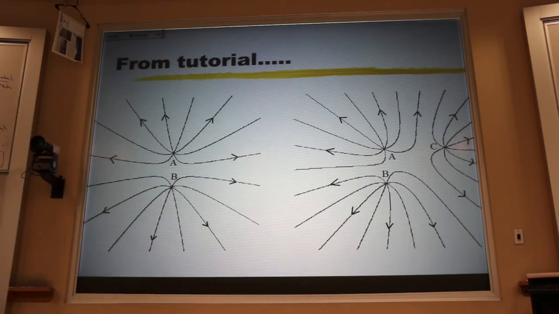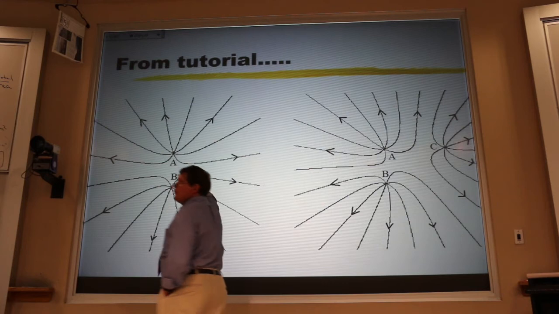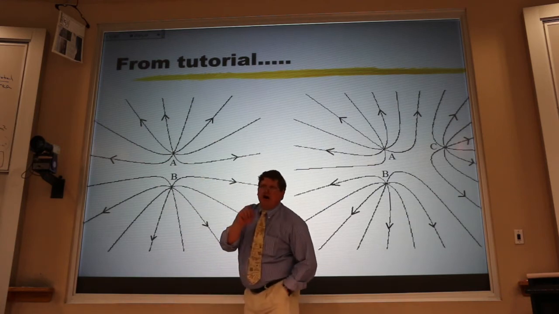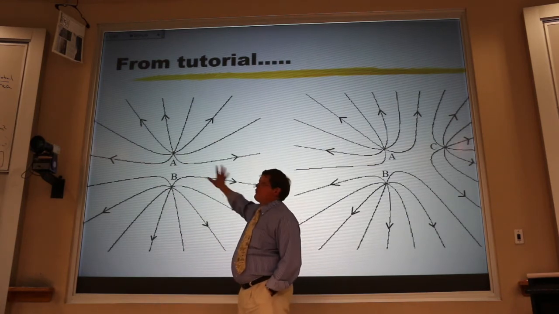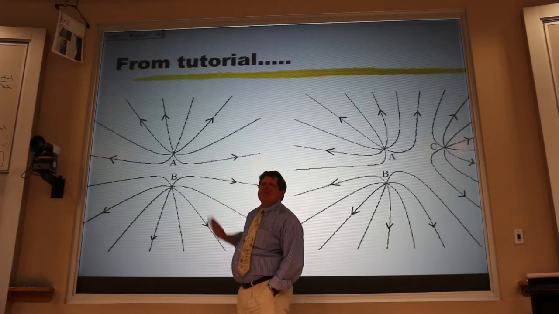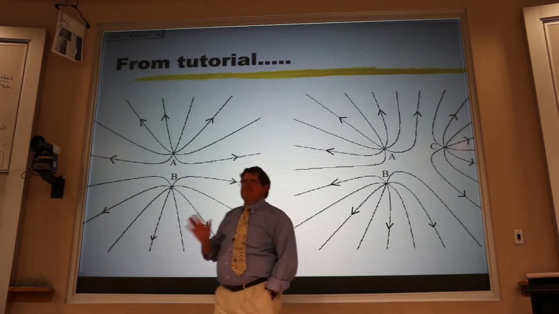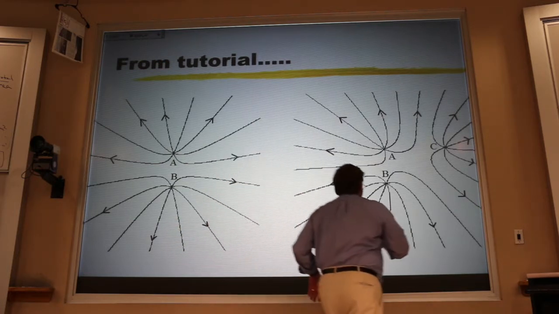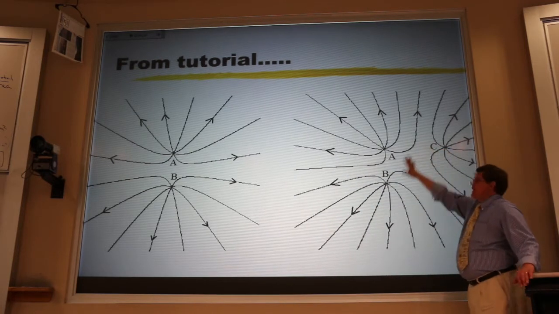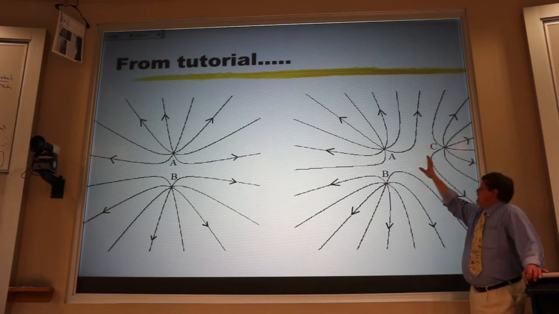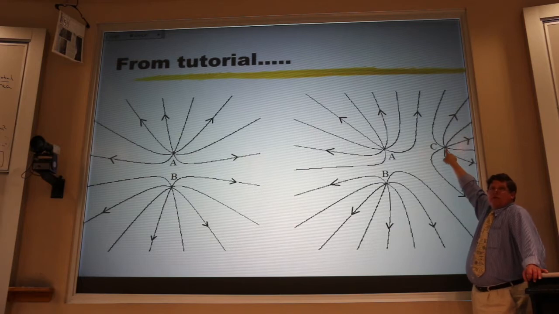Now, in some of the tutorials, some of our staff were saying, oh, well, C can be used because we make C a very small charge so that it won't affect the field much. That's just bogus. If you bring in a charge C and you're expecting to use this field, you have no idea what direction it's being pushed.